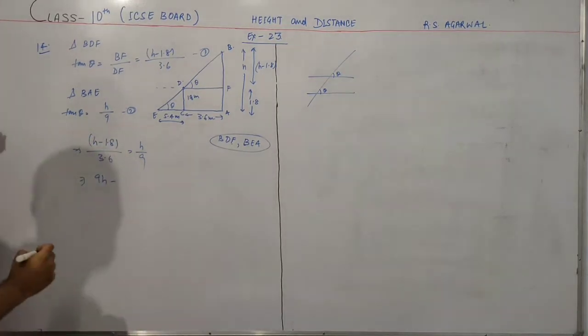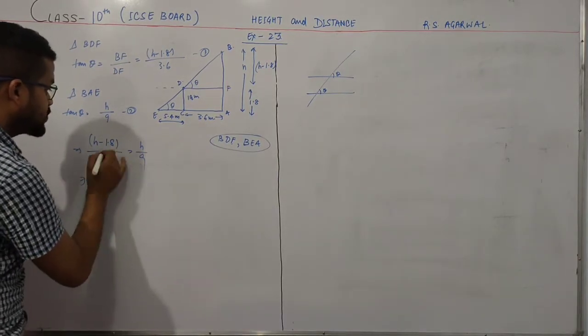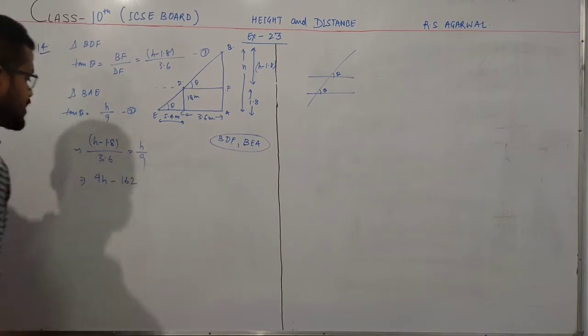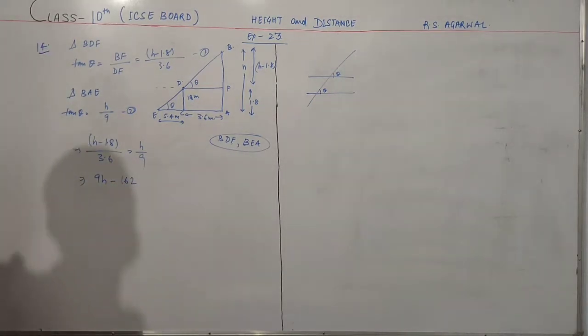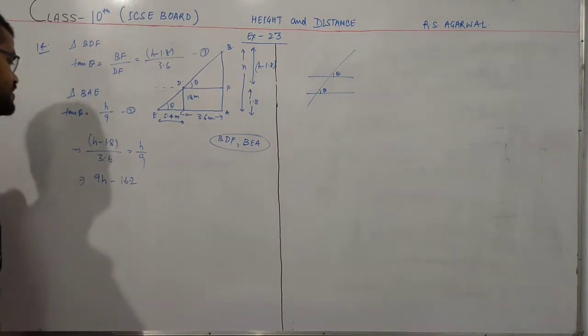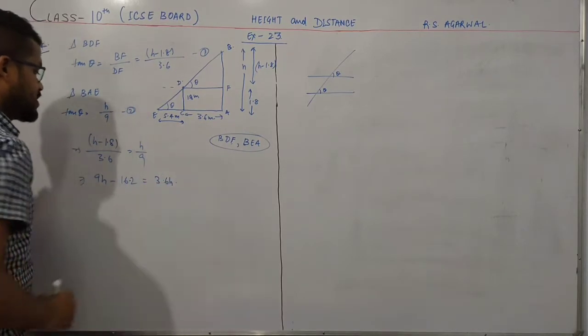So 8 nines are 72, and this is 9 ones are 9, 7 is 162. 9H minus 162, here the decimal is after 1 point, so this is 16.2 is equal to 3.6H.